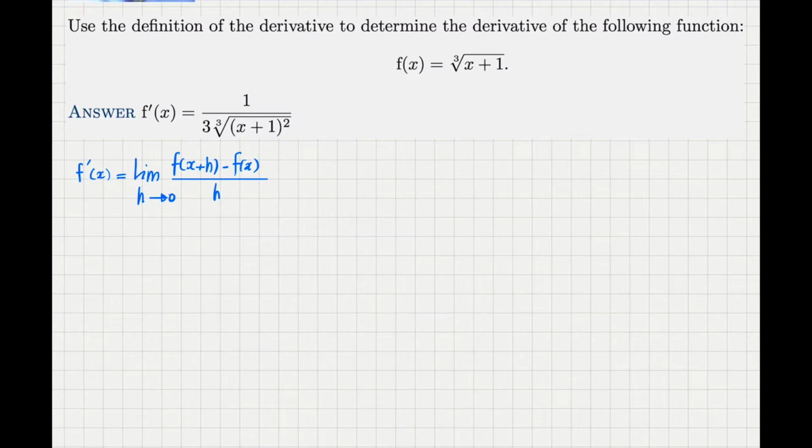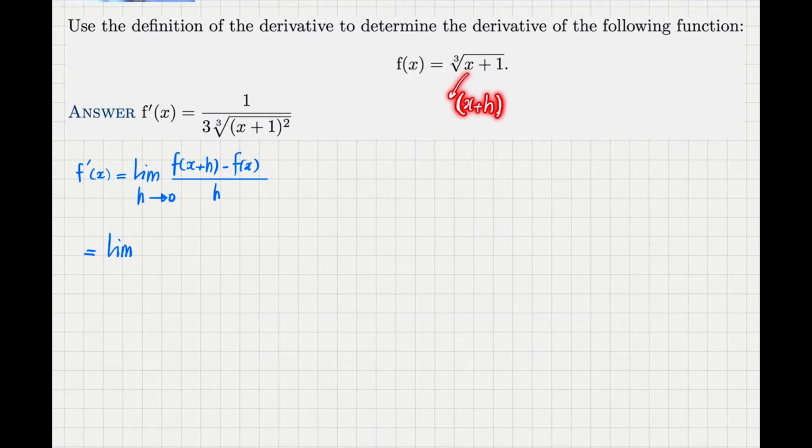Okay, so now I would write this for this function. What is f of x plus h? It means that I need to refer to my function. Wherever I see x, I take it away and I replace it with x plus h. But here I don't need any pair of brackets.